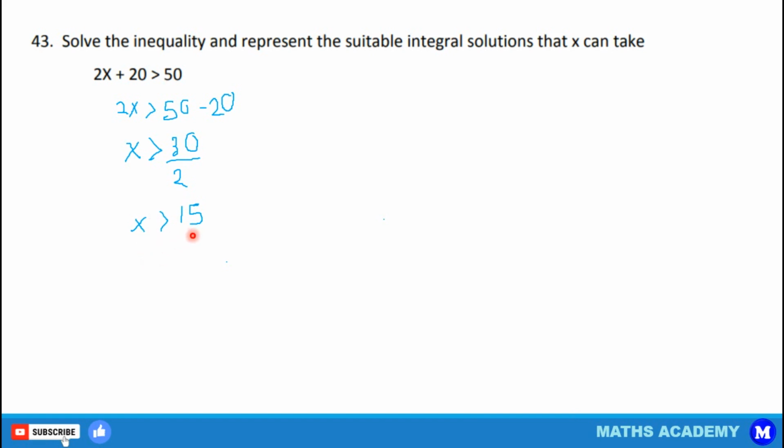So the integral solutions that x can take are the numbers that are greater than 15. For example, 16, 17, 18 and so on. Those are the solutions for x. So let's write the first three solutions, that is 16, 17 and 18. So with that, let's move on to the next slide.